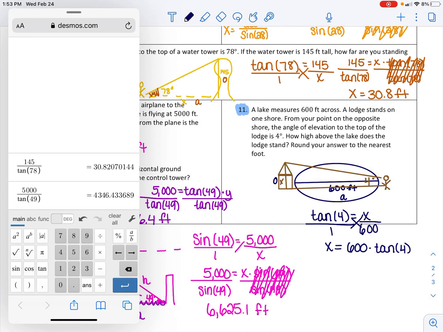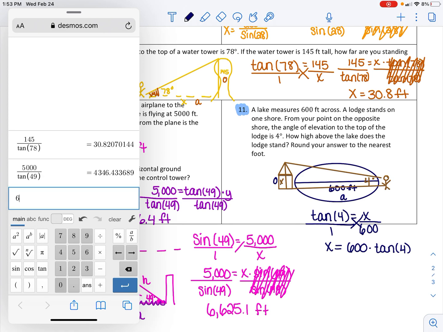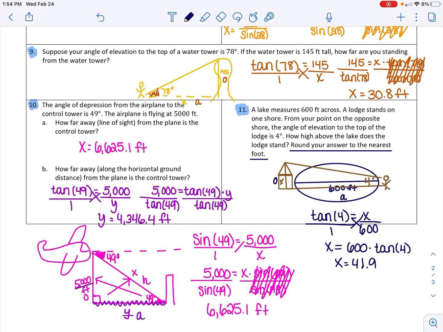Let's figure out what that is. 600 times the tangent of 4 gives me 41.9, and it says in the directions to round your answer to the nearest foot. So we round that to the nearest whole number, which is going to be 42 feet.